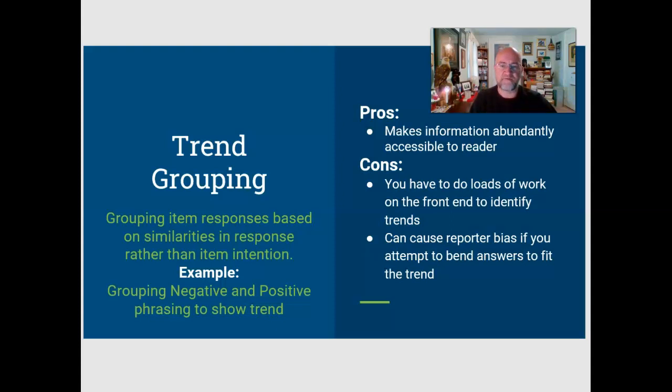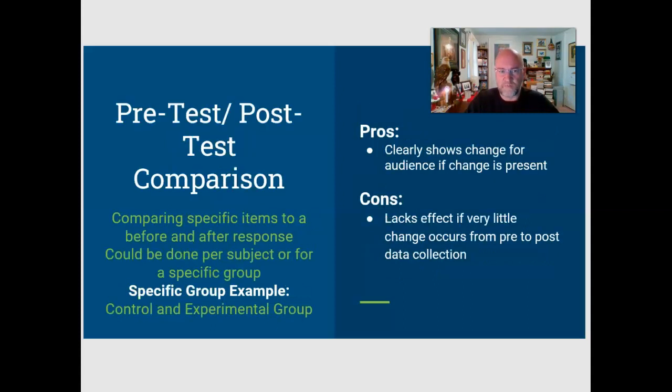The negative aspect of this is you have to do a lot of work on the front end to identify those trends, right? You're going to have to categorize things and look at those trends. It also has the tendency to create some reporter bias if you're manipulating the data to fit what you want it to say. Remember, as we looked at last week, statistics can say whatever they want to say if you bend them to your will.